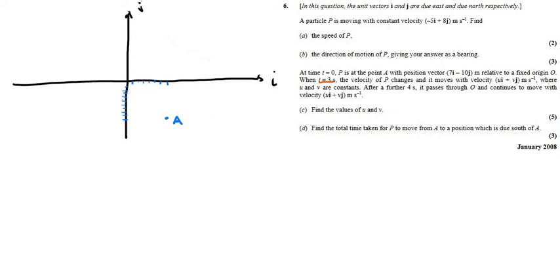And then it is going to travel at this velocity for 3 seconds. So it's going to go minus 5i, so that's 1, 2, 3, 4, 5, plus 8j: 1, 2, 3, 4, 5, 6, 7, 8.